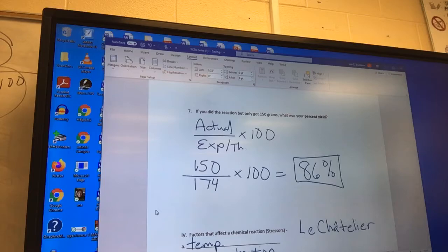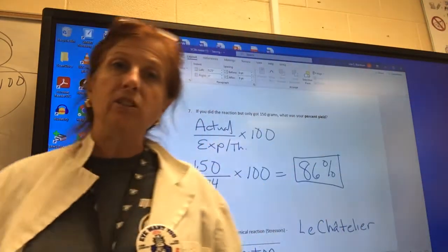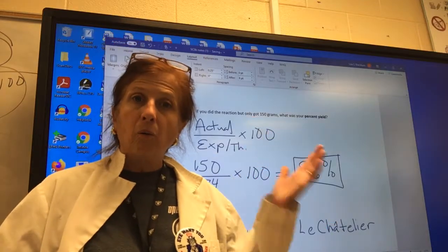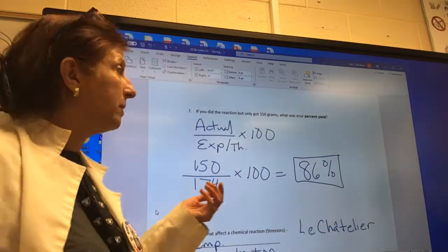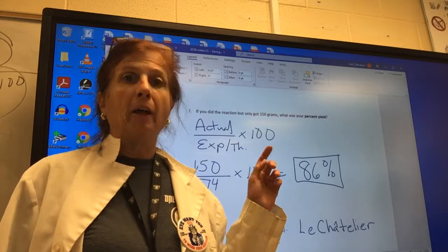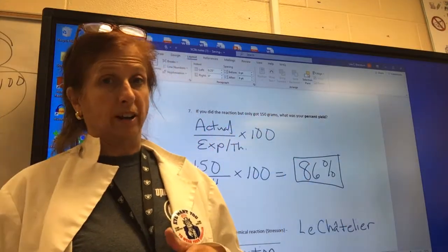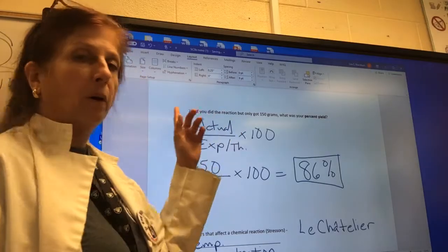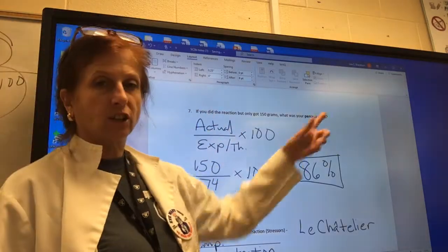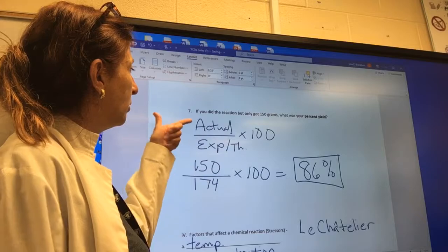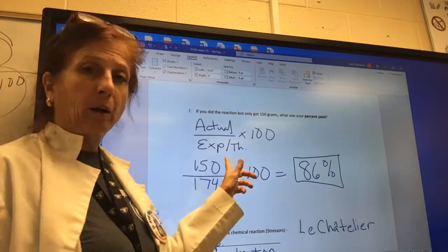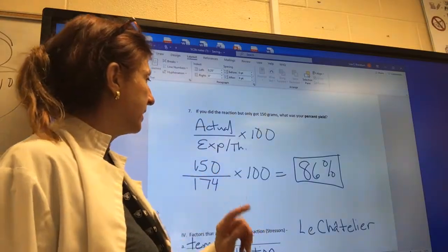Now, sometimes you don't get as much as you want. Say you're making brownies and you spill some mix on the floor. You don't get as much as you were supposed to. Well, that happens in lab too. Sometimes you spill some chemical on the floor. Sometimes you don't dry it out enough. Sometimes you dry it out too much. So you have to do a calculation called percent yield. And it's what you actually got divided by what you were supposed to get times 100.